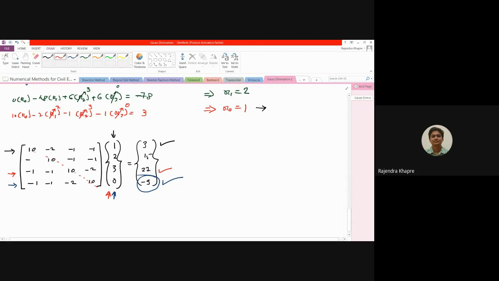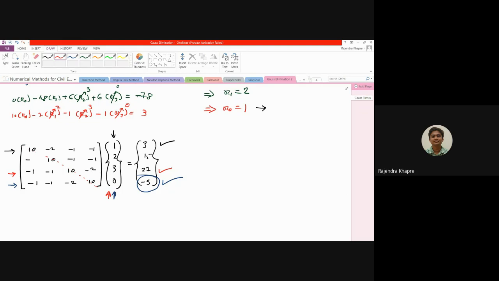Okay, that's good. So you see the number of calculations involved increases if you use a higher size matrix. In the previous class we did 3 by 3, it was pretty simple, but today you see we took almost 45 minutes to solve a matrix of size 4 by 4.